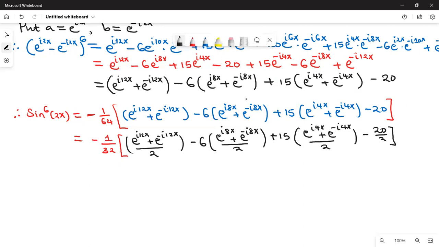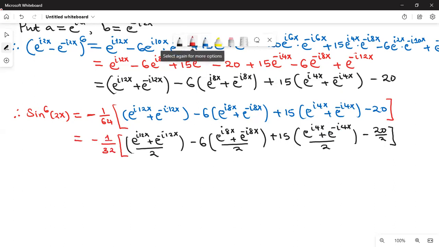So I want us to recall the cos theta. How do you write cos theta in terms of exponential function? Remember, cos theta is the same as exponential i theta plus exponential negative i theta over 2.